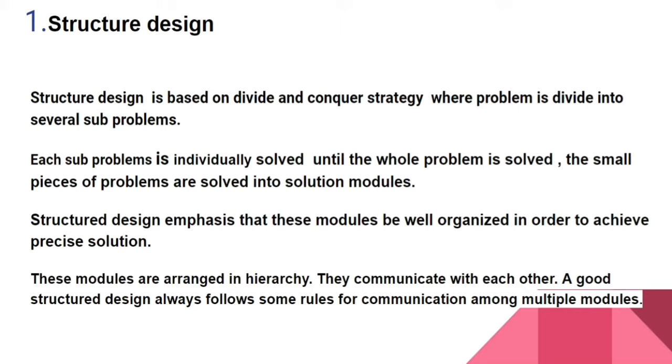There are various components in the system, and we divide the system, and there is very proper communication. For example, if you want to design the system of a university, we divide the university: one module is administration, the next module is the different kinds of departments.